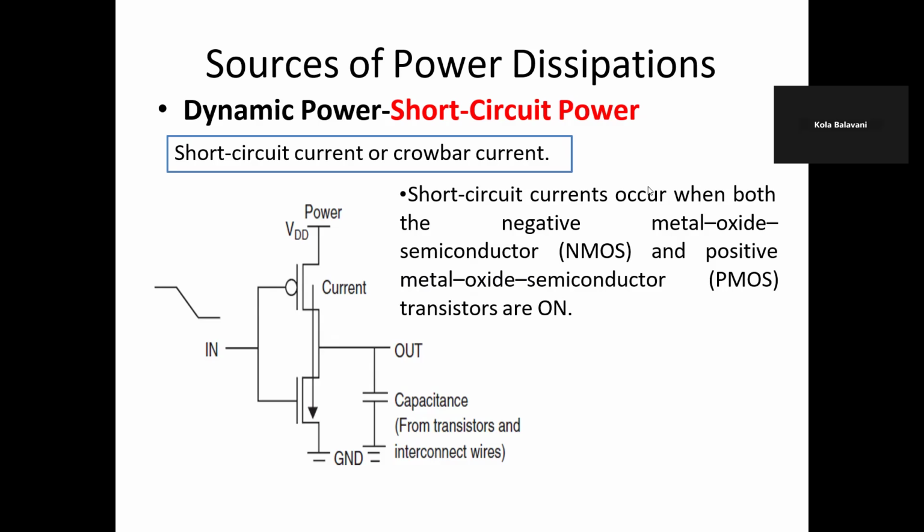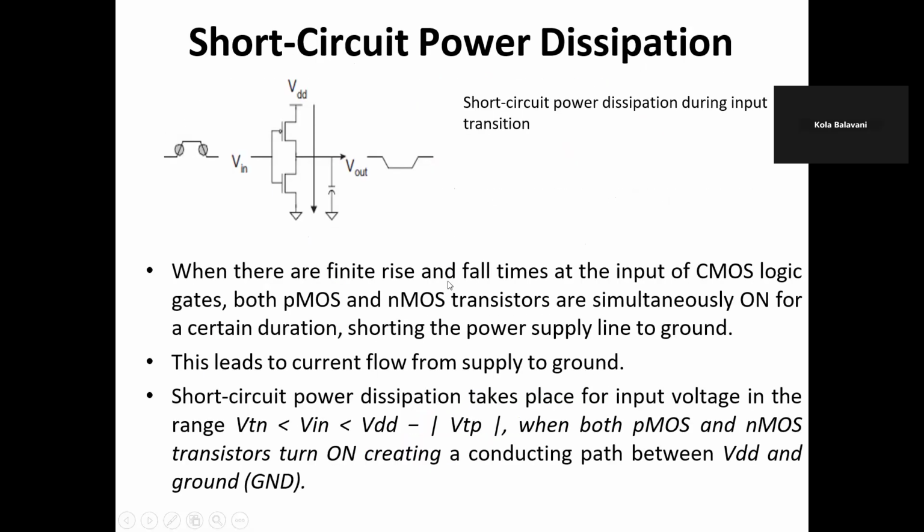The short circuit occurs when both the NMOS and PMOS transistors are on. Here we can observe the slowly changing transition from low to high or high to low.